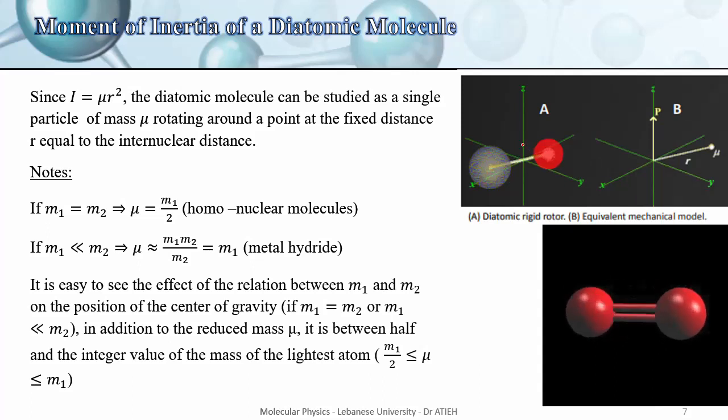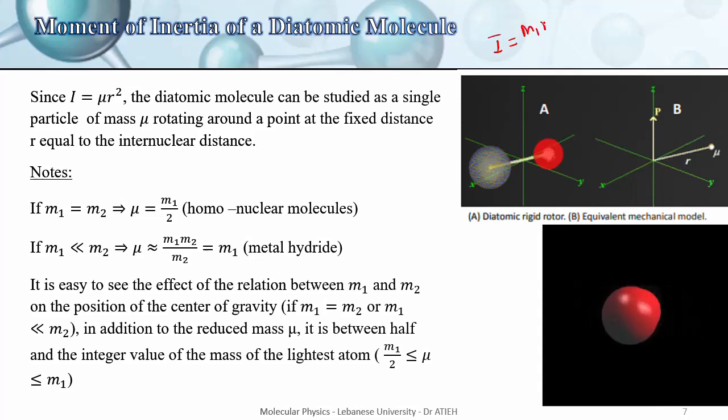Here we have a diatomic molecule rotating about an axis perpendicular to the internuclear distance passing through the center of mass with moment of inertia I equals m1 m2 over m1 plus m2 r squared. The similar is explained by a single particle.